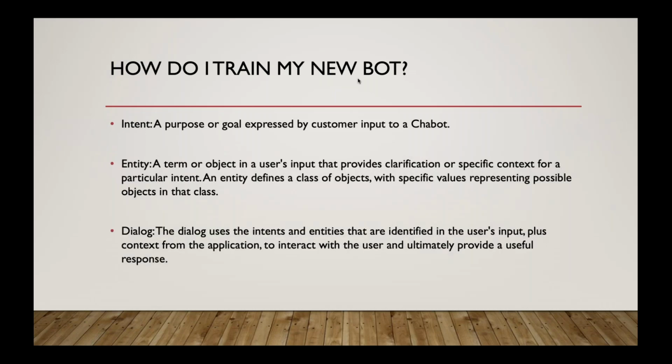An intent is a purpose or a goal expressed by a customer. An entity is an object on which you're going to do a particular action. And a dialogue, as is obvious, uses the intents and entities to give you a particular answer.